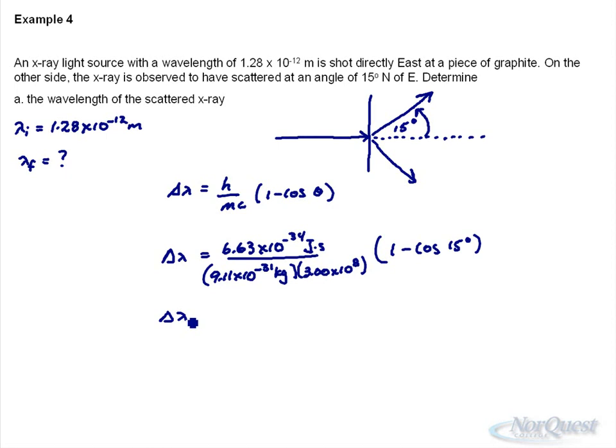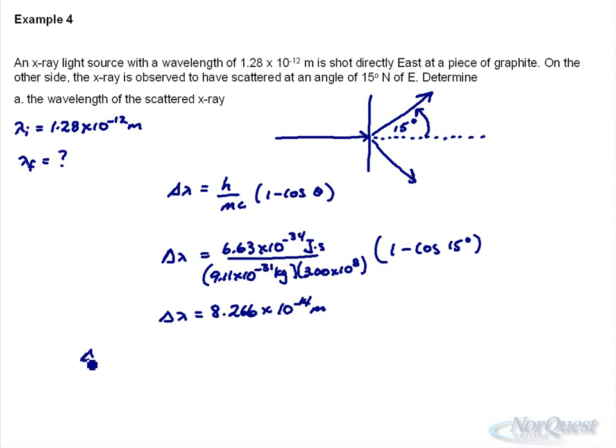So if we punch this in again, times 1 minus cos 15, you should get a change in lambda of 8.266. I don't need to go to right sig digs on this one because this isn't my answer. This is our change in lambda.